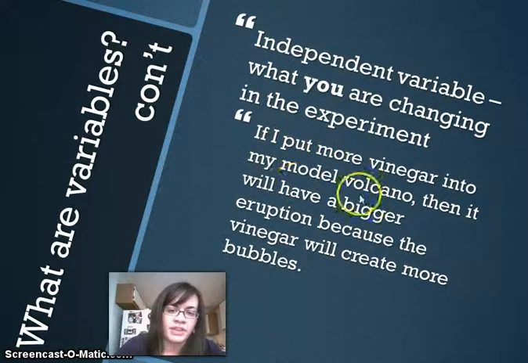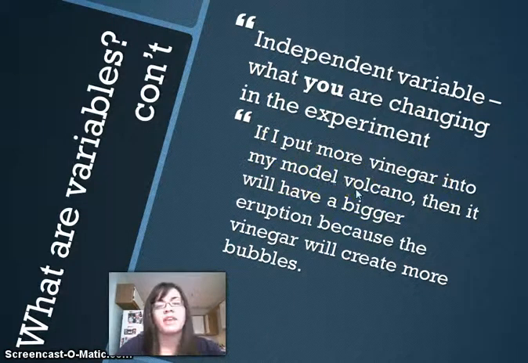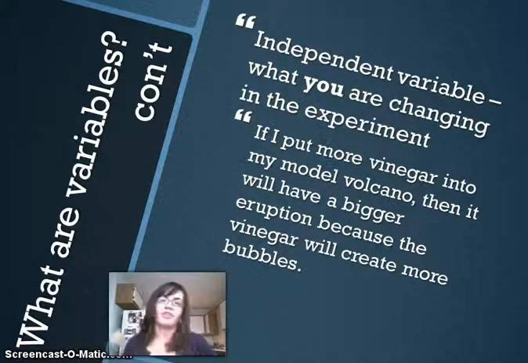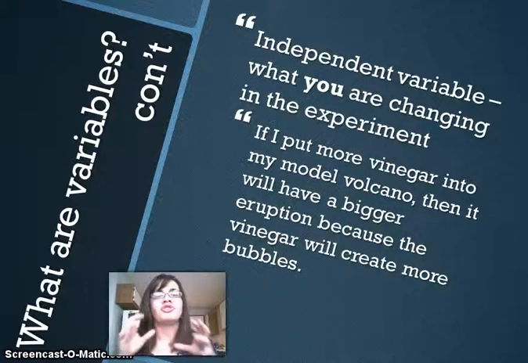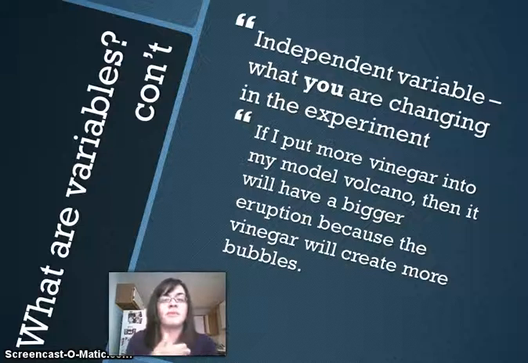So this part right here, if I put more vinegar into my model volcano, the amount of vinegar is the independent variable, because it's what you are changing, it's what you're in charge of. One trial you might put 2 tablespoons, the next trial you might put 3, then 4, then 5. Because you are changing it in every single trial, that is what makes it an independent variable.